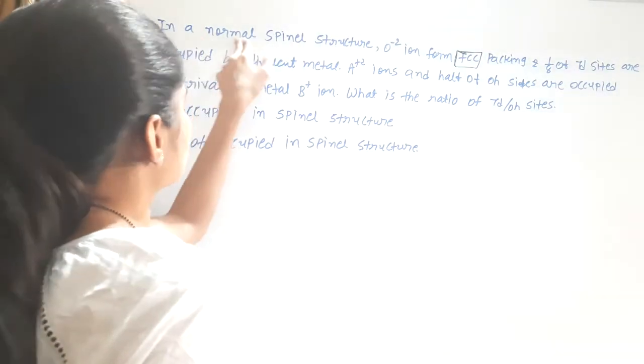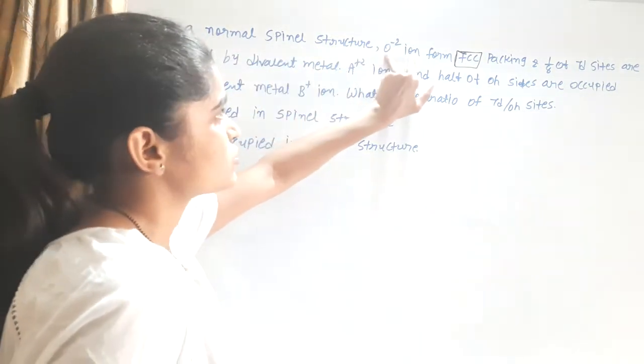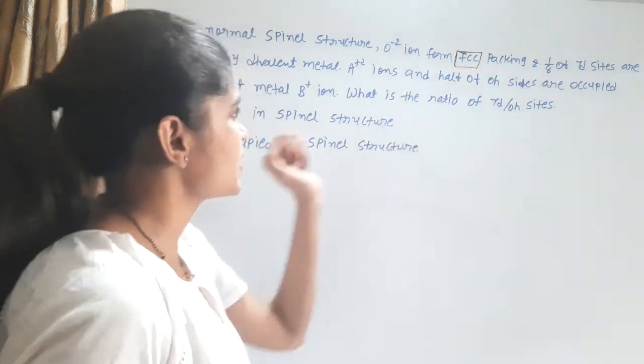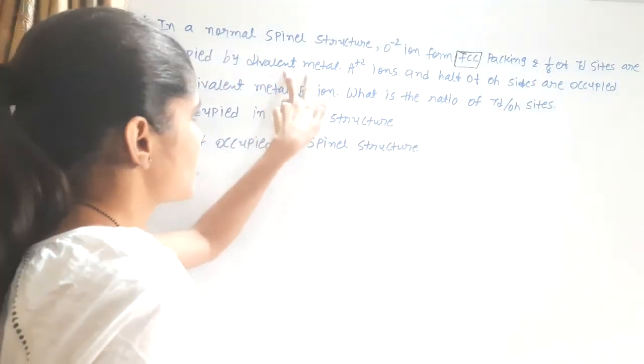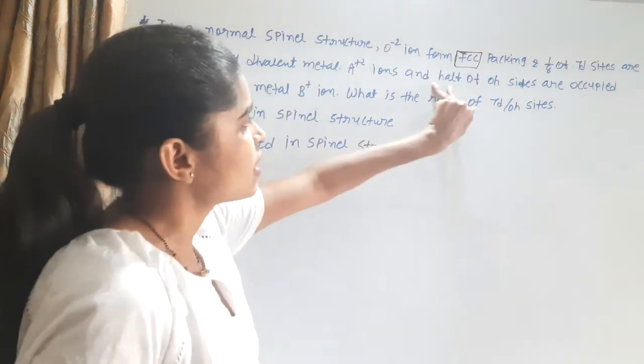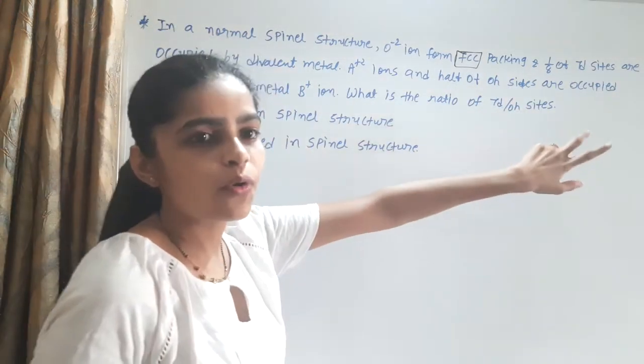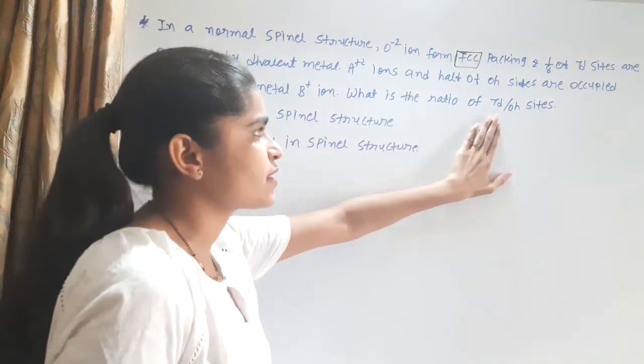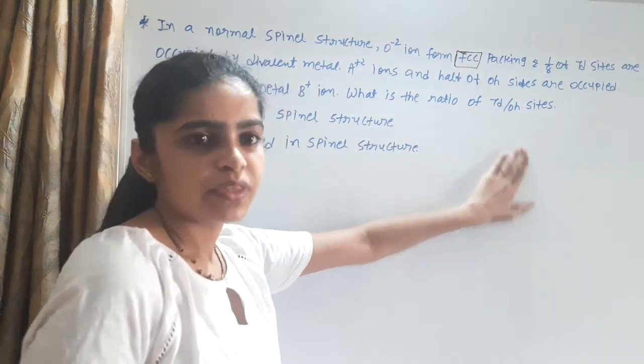Next, in a normal spinel structure, O2- ions form FCC packing, and 1 by 8 of tetrahedral sites are occupied by divalent metal ions and 1/2 of octahedral sites are occupied by trivalent atoms. What is the ratio of tetrahedral by octahedral sites?